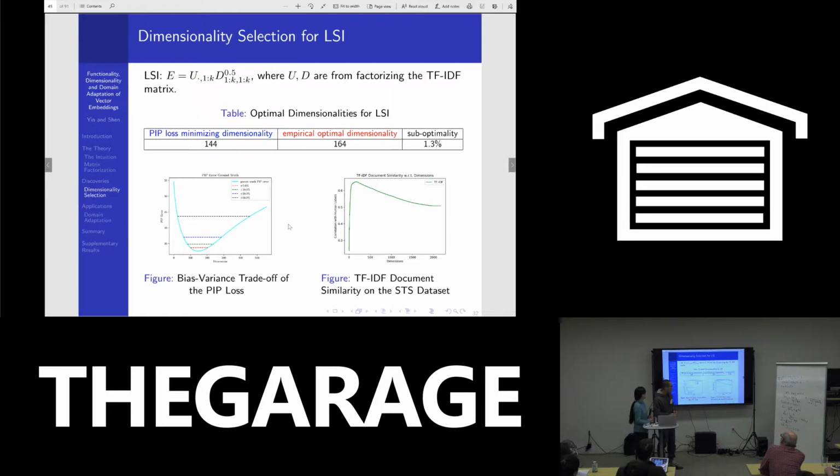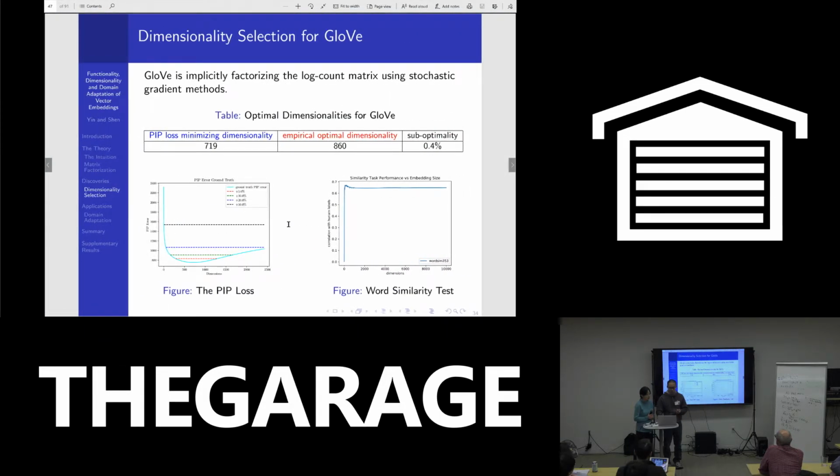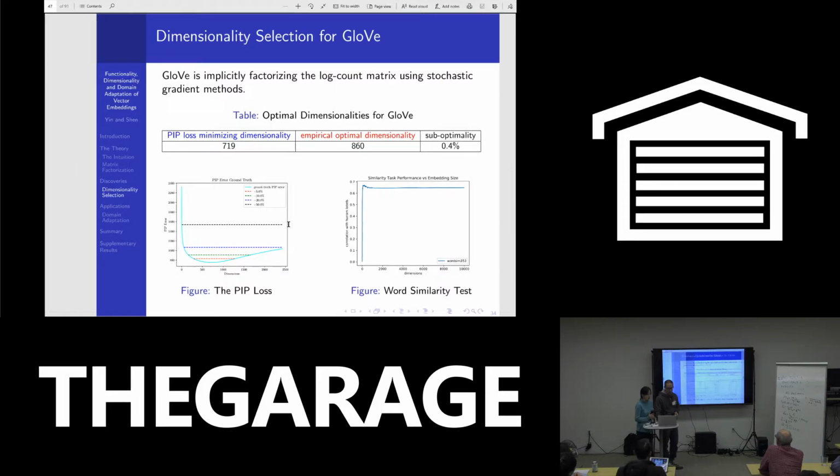We want to see whether the dimensionality chosen by us and the dimensionality chosen by the empirical evaluations agree. We did experiments for GloVe, Word2Vec, and LSA, three very popular embedding algorithms. I'm just going to quickly show the results.